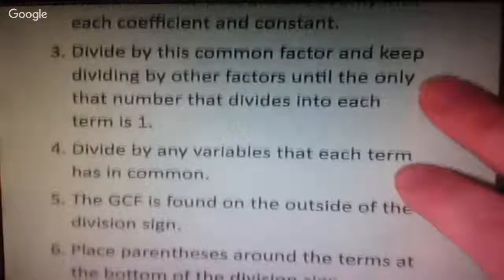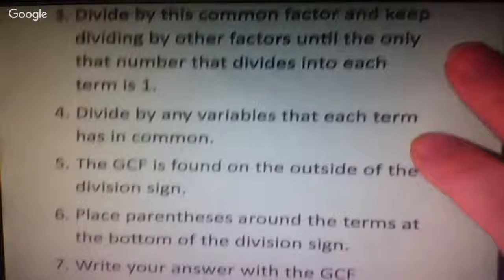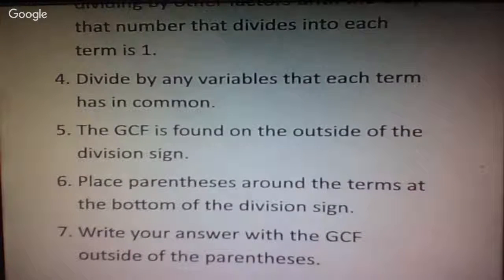Okay, the GCF is then found on the outside of the division sign. Place parentheses around the terms at the bottom of the division sign and write your answer with the GCF outside the parentheses. Okay, so it's a lot of words, but it's really not that bad. So open it up. We've got 4 examples to do.